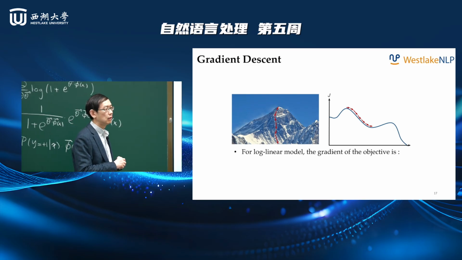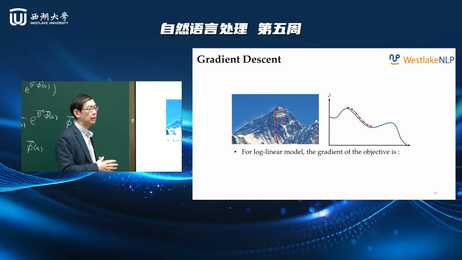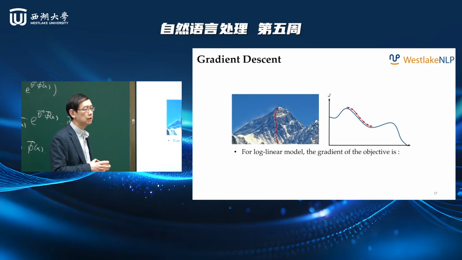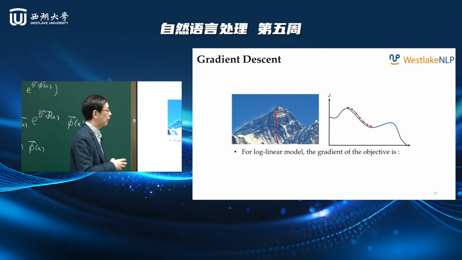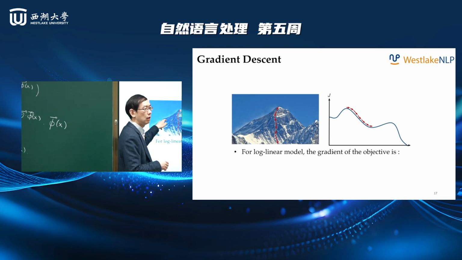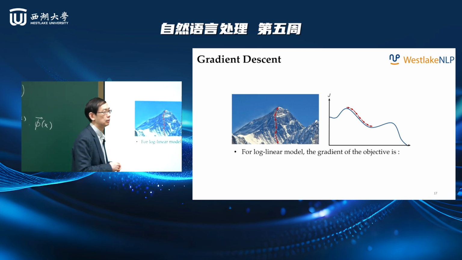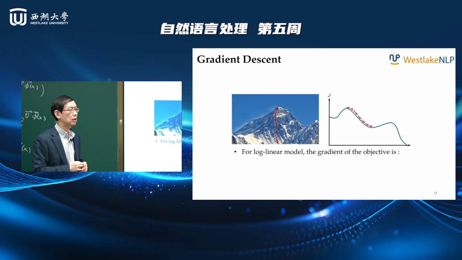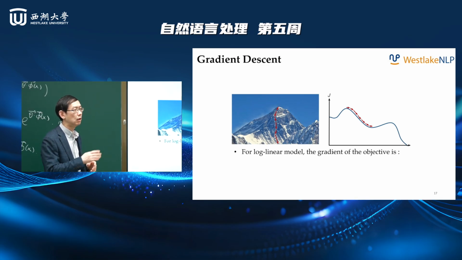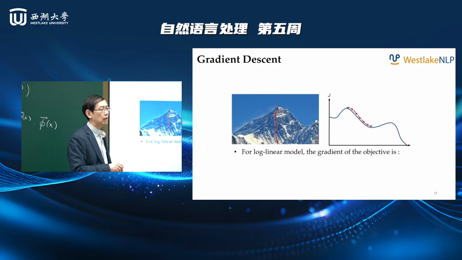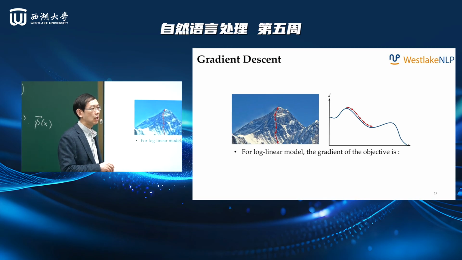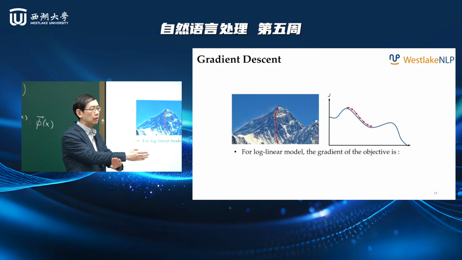So how do we do that? There's not necessarily a closed form solution, but you can do it gradually. Suppose we're on a mountain, so we want to climb down the mountain to a minimum point. In this situation, our GPS location is the theta. We can move left, right, or in any direction.